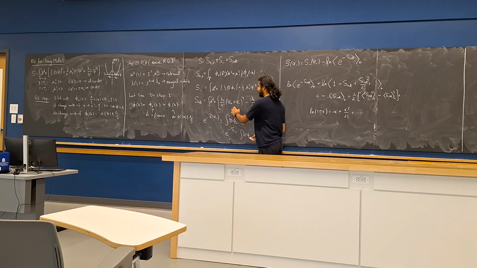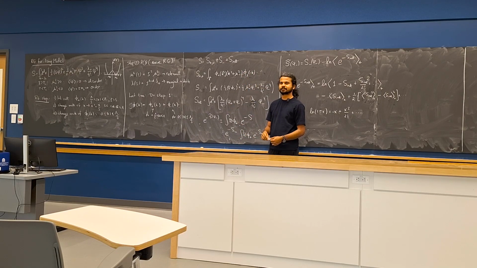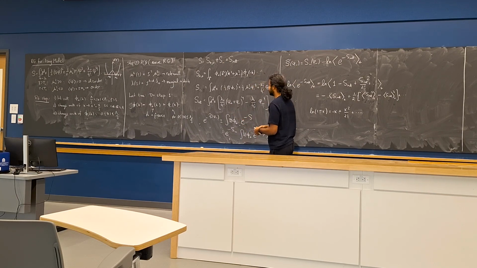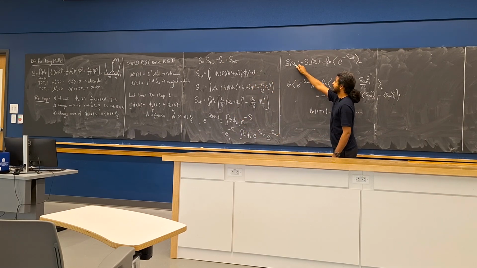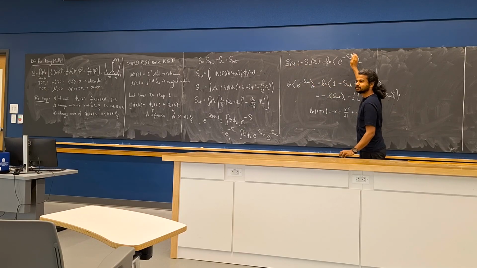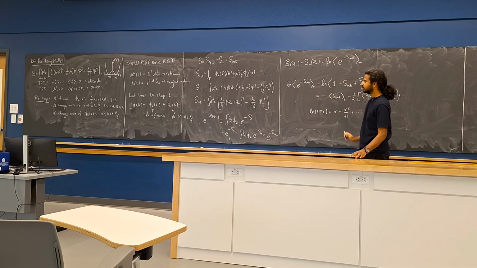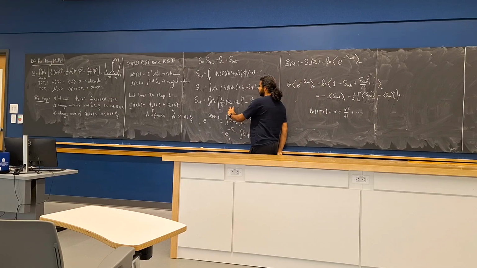If you have 3 phi pluses, same answer. If you have 4 phi pluses, well, that doesn't contribute to an action for phi minus. It's just going to be a constant, be it infinite. So we ignored it. So the only term that we had to compute was phi plus, phi plus, phi minus, phi minus.